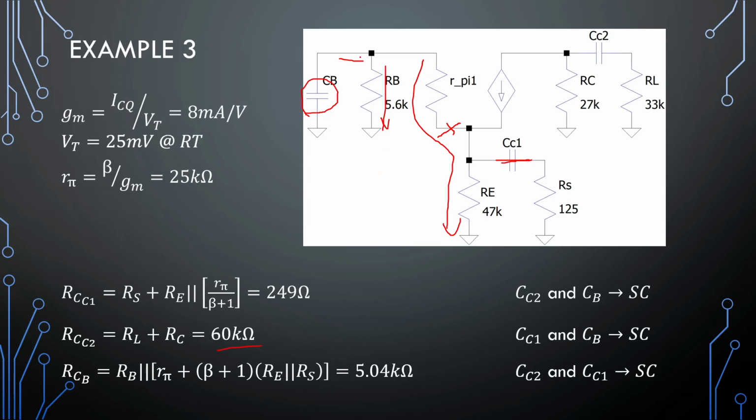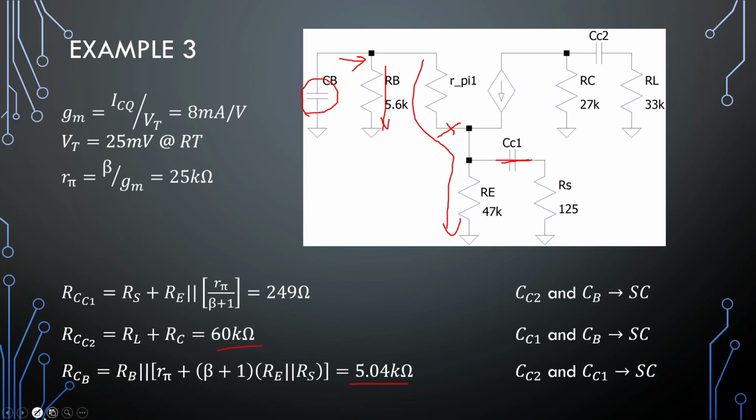So again, this is just the same as the input impedance of a common emitter amplifier looking from the base capacitor. Right, so we have RB parallel with R pi plus beta plus 1 times RE parallel to RS, and that gives us 5 kilo ohms.